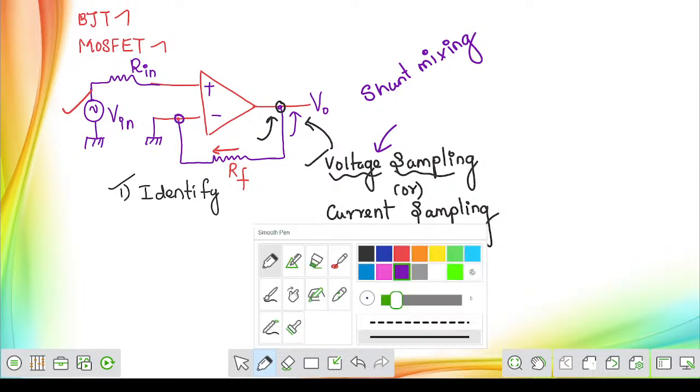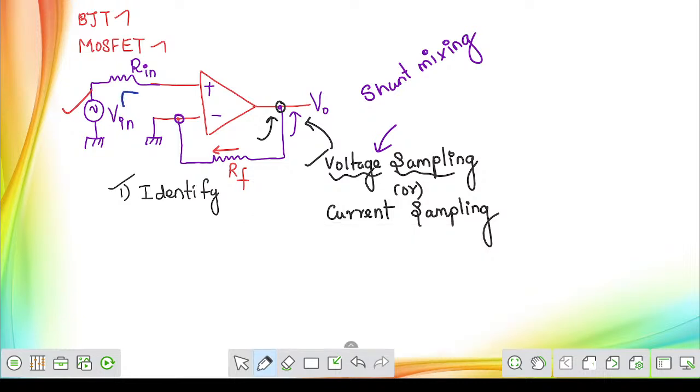No, it is not connected, because the input line is here, whereas the feedback line is connected with the inverting terminal. So if the feedback line is not directly connected with the input, then that is called series mixing.